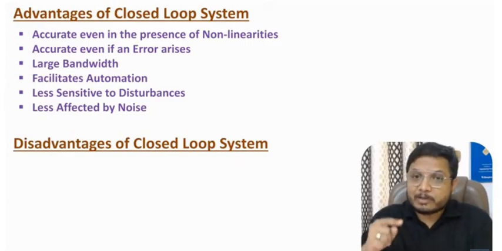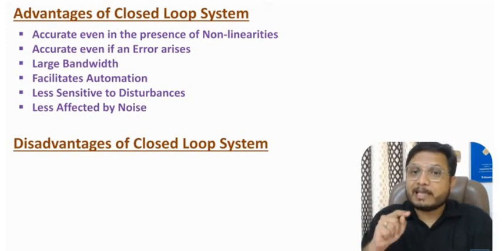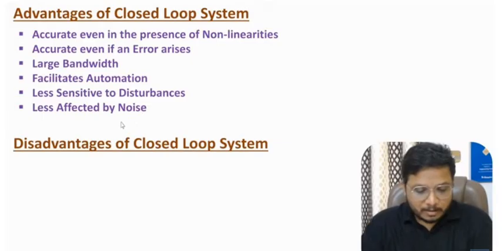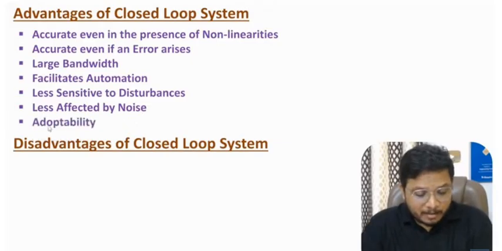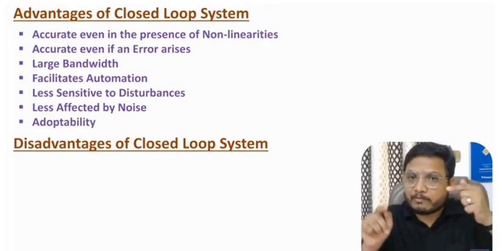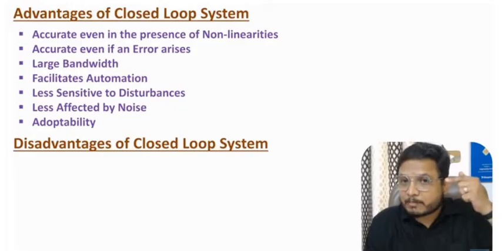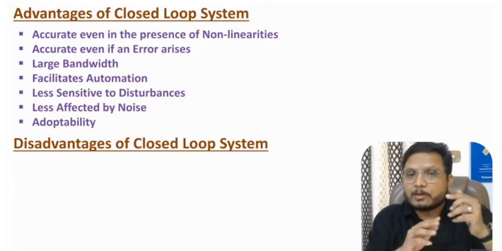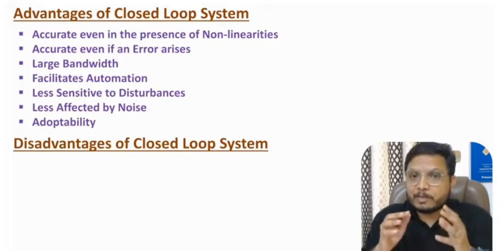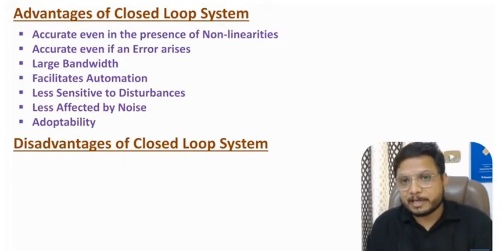So if any noise is generated, that can be eliminated due to feedback over here, right? See, a closed loop system has better adaptability. The reason is, control action is with respect to input and feedback, or one can say with respect to input and output. So based on input and output, control actions are taken here, which leads to higher adaptability.